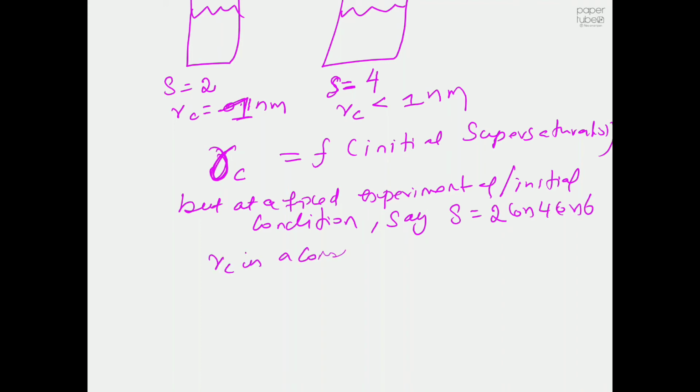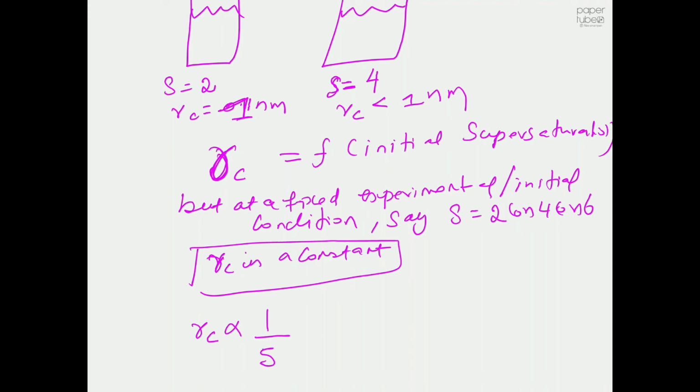So for each nucleation experiment your RC value is going to be constant, but RC is inversely proportional to the initial supersaturation. So obviously you can perform different experiments starting from different initial supersaturation, and this RC value is going to change. So that's how nucleation works.